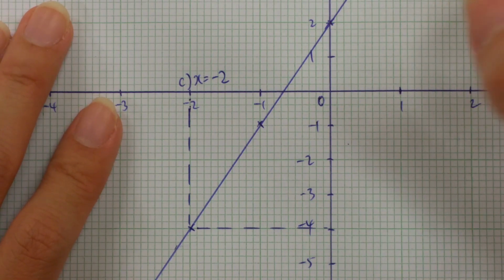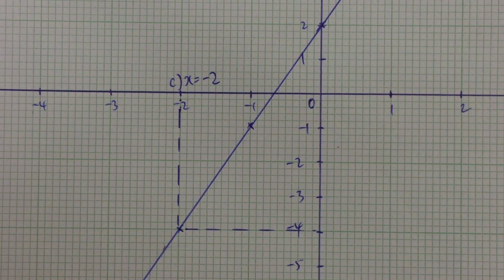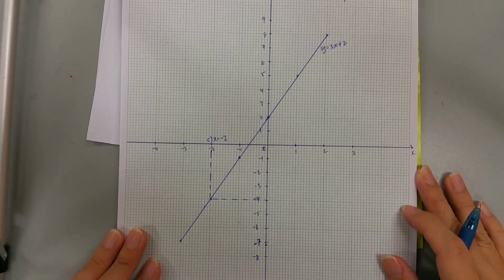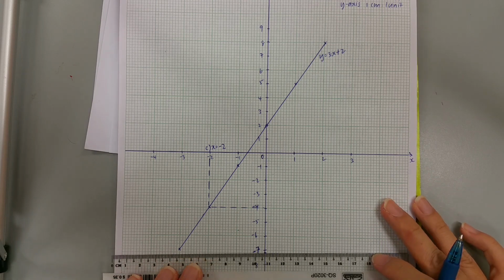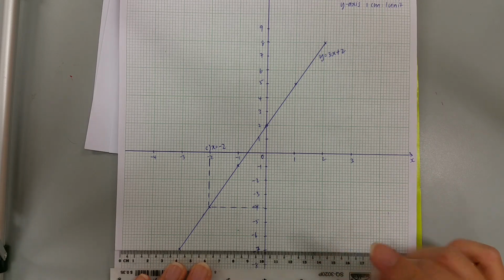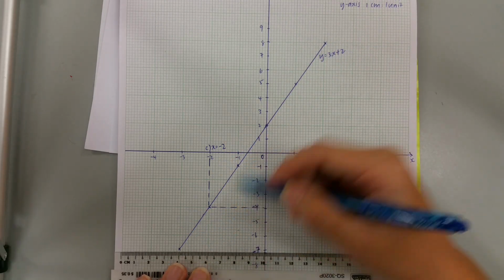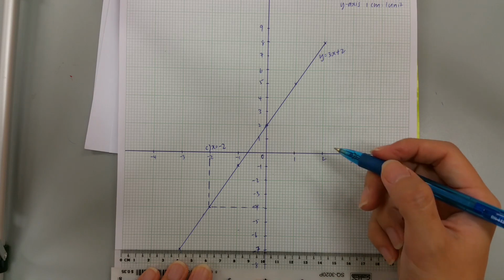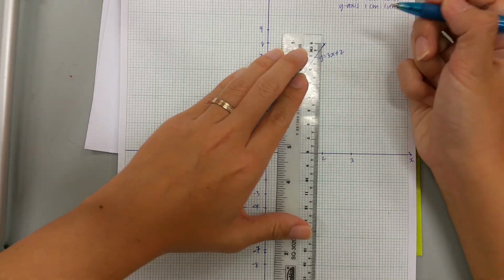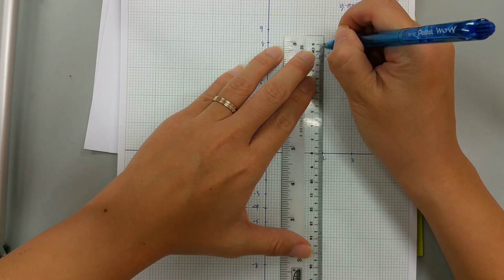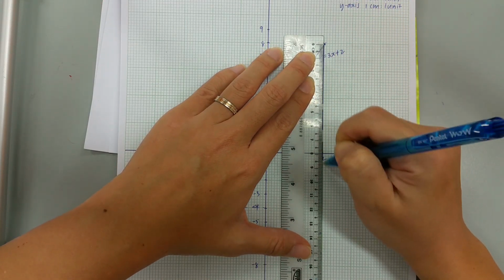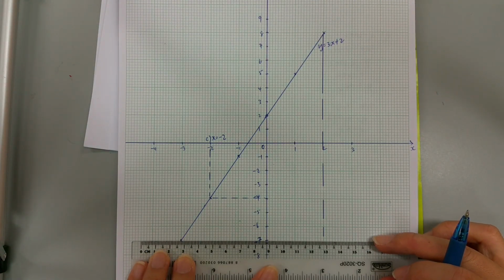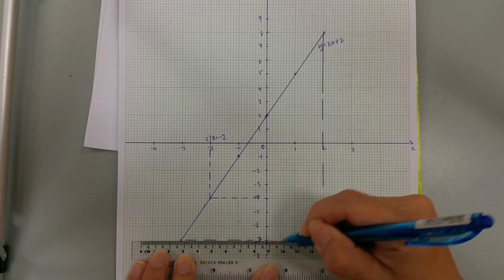Now for D, you need to find the gradient of the straight line. That's where you have to draw a very big triangle locating two far points. In fact, I think the best points are your -3, -7, and also 2, 8. So using these two points, I'm going to draw dotted lines all the way so that I can form a very huge triangle. By doing so, you are showing which points you are taking to form the triangle, and you are actually looking for the gradient.